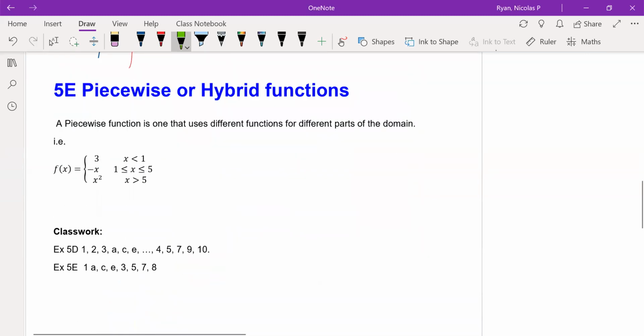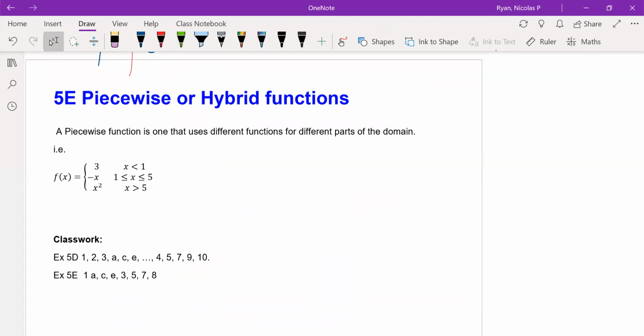Okay, something else that we need to be aware of is a piecewise or hybrid function. Now we can build a function out of a cubic or quadratic, out of all sorts of different functions, and we could make it one-to-one by putting restrictions on our domain. When we put those restrictions on the domain, we might actually build various different parts of the function. So here I've made a restriction. Whenever x is less than 1, my f of x or y equals 3.